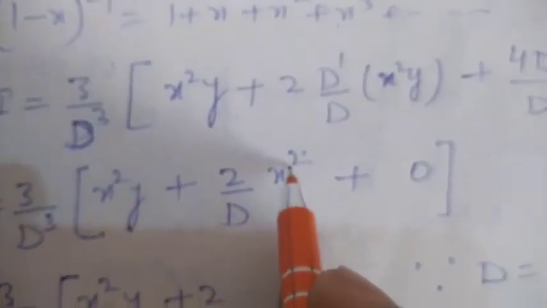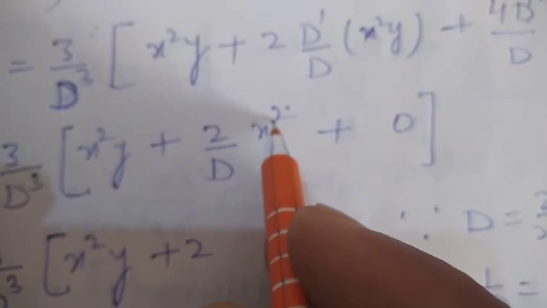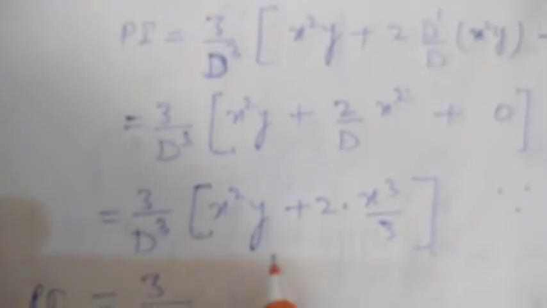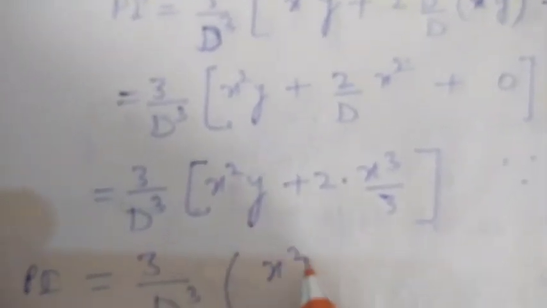So since this is 1 upon d, now this becomes 2 x square, integration of x square becomes x cube by 3. So now again, particular integral is equal to 3 upon d cube, and it becomes x square y plus 2 by 3 x cube.